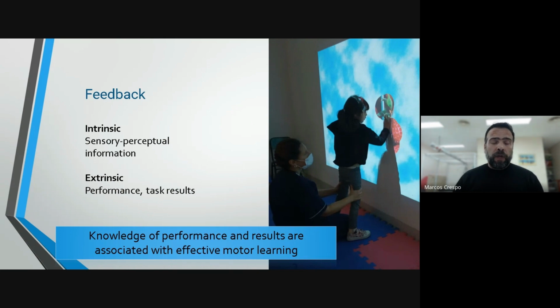We talk of intrinsic feedback, or the sensory and perception of the body of the patient, the sensation, the activity of the therapist helping with the biomechanical alignment, the patient feels all that information in his body, but also the extrinsic that the system gives to the patient, with images, with sounds, also with the sense of presence, with the credibility that the patient has about the history that the activity is telling.